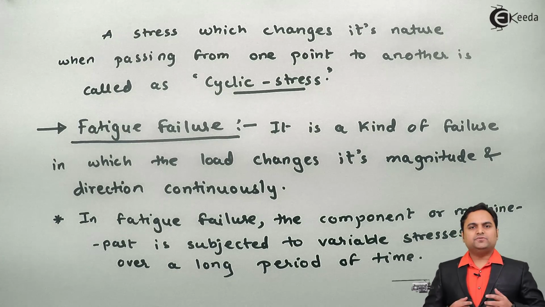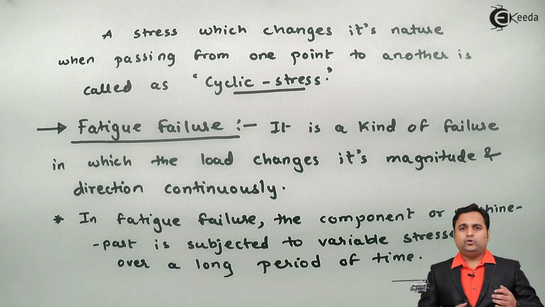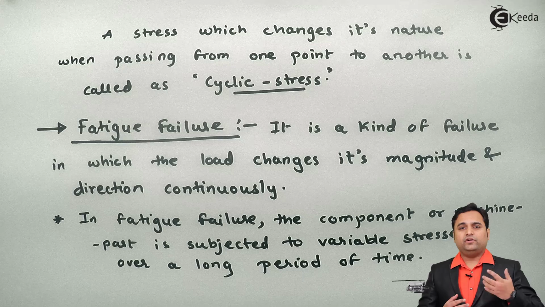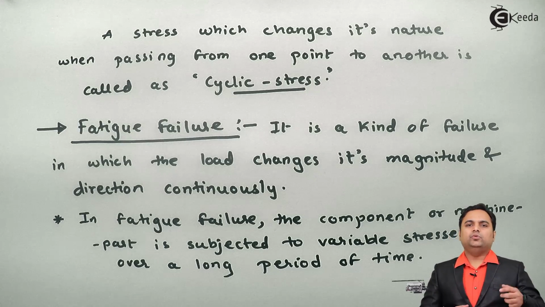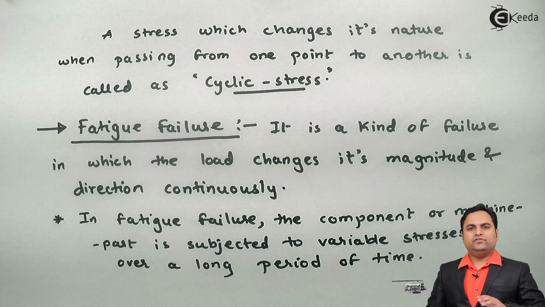So fatigue failure is mostly seen in those components or products which are used over time, that is, which are used for a number of years, and they are subjected to variable stresses, and finally they would be failing under the fatigue load.